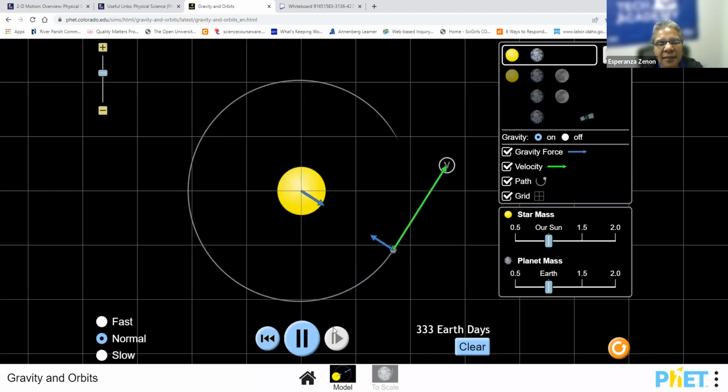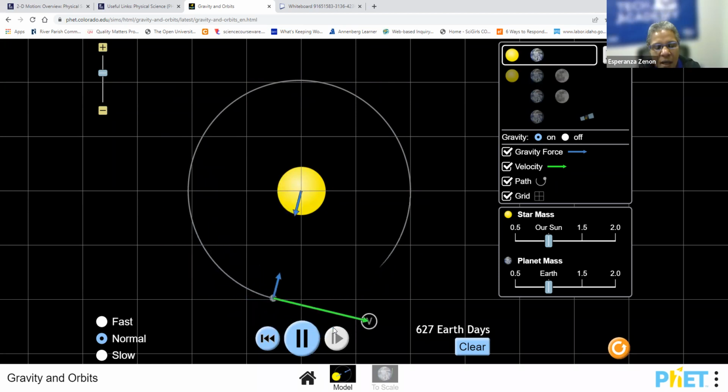All right. So you can see the velocity is being represented by the green arrow in this case. And notice that the length or the size of our velocity vector doesn't change. The length of the arrow represents the size, right? How much.